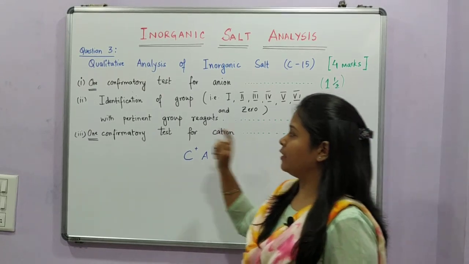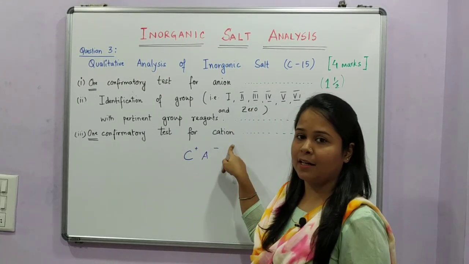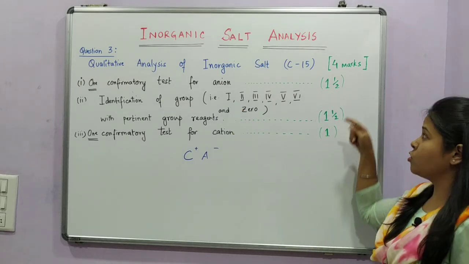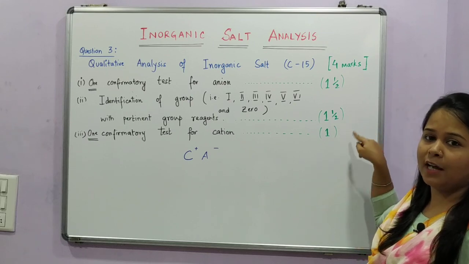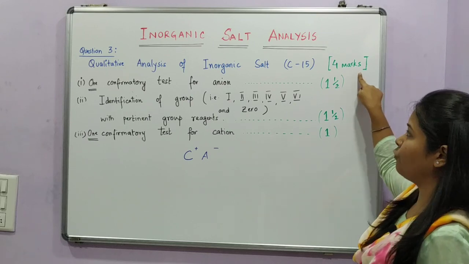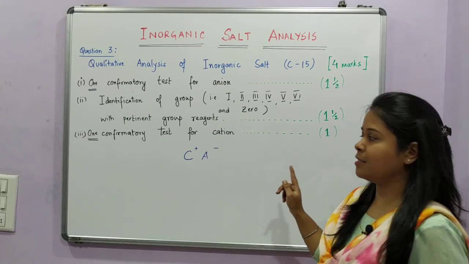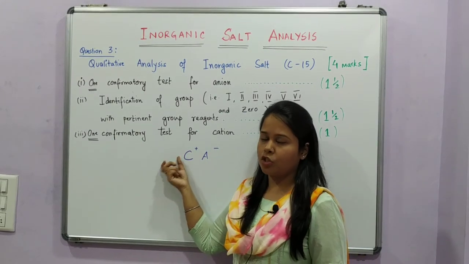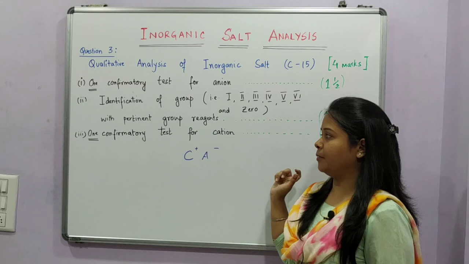And finally, the confirmatory test for the cation that we would be getting from the above group carries 1 mark. So 1.5 plus 1.5 and 1, the total is 4 marks for the analysis of the inorganic salt that consists of 1 cation and 1 anion.